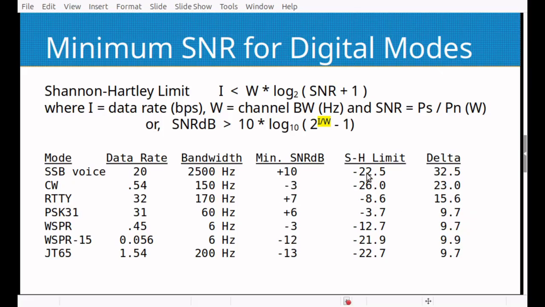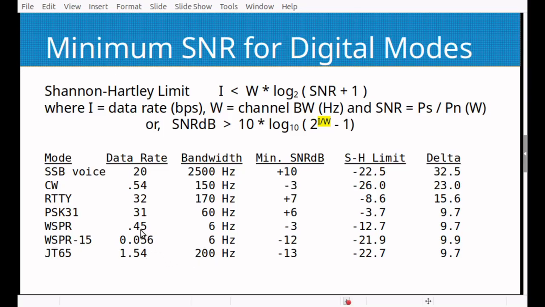So here again, I've listed the Shannon-Hartley limits to these various modes. I've listed the data rates and the bandwidth. And what we see with our most robust mode, JT-65, is it only has a data rate of 1.54 bits per second, and that's spread over 200 hertz.